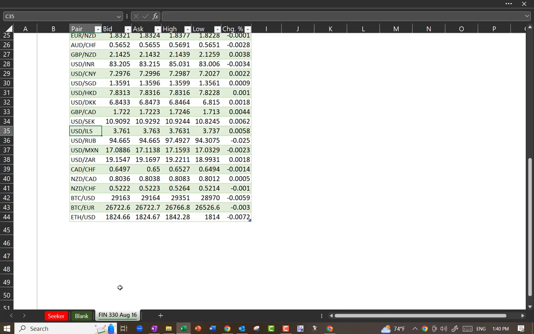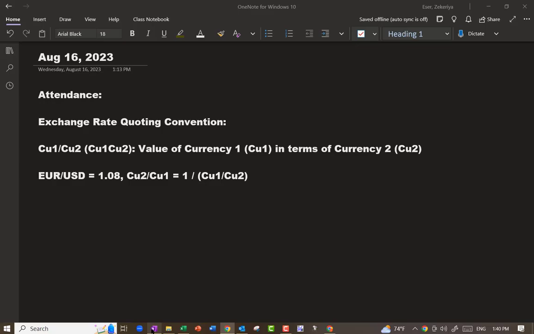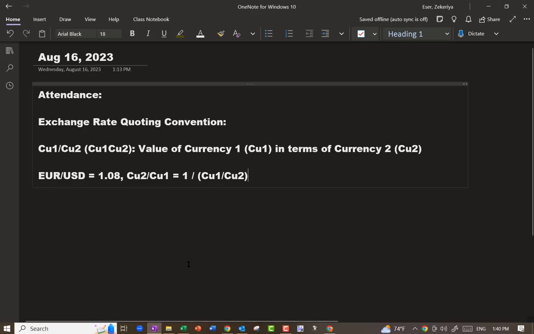For example, I could ask you, what is the cross rate between Bitcoin and Ethereum? Which means I want you to find out, if I give you 1 Bitcoin, how many Ethereums do you get? Okay. So let's figure that out. Let's set that up conceptually, then we're going to create a little calculator using the table.